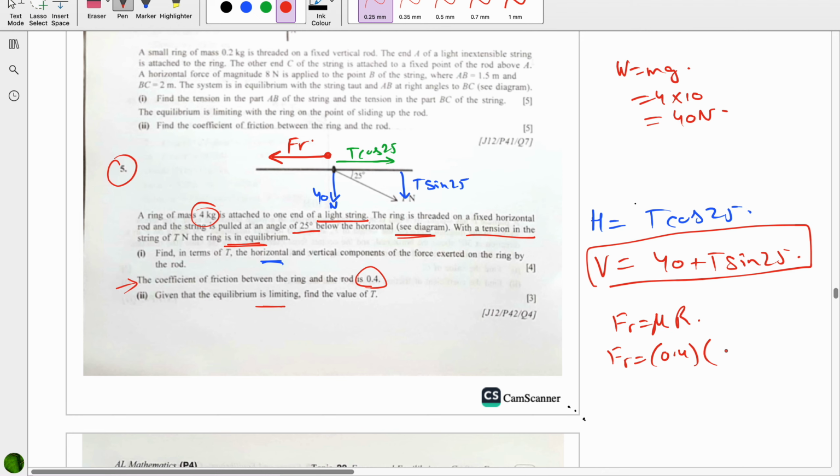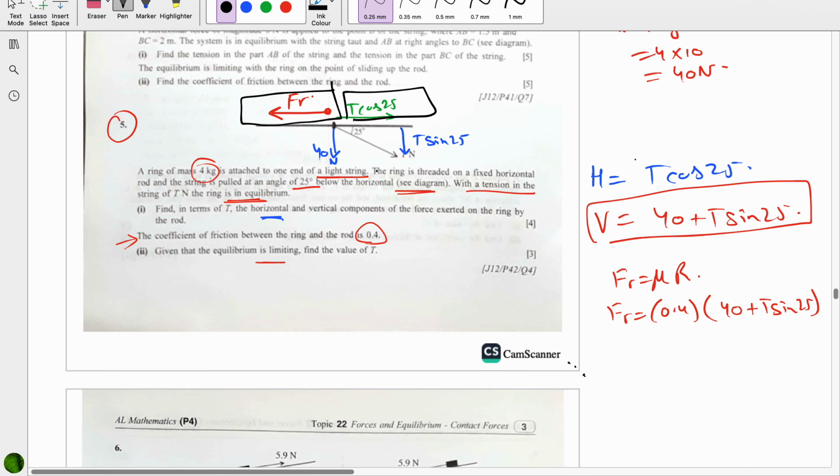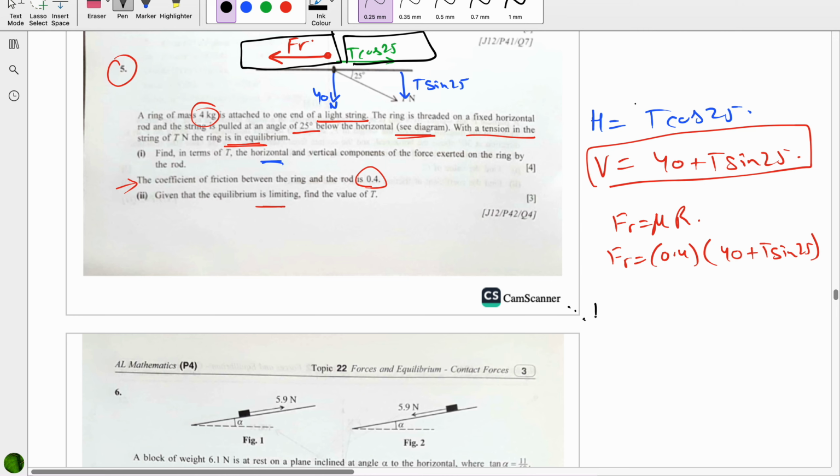Any confusion in this value? Okay, so this is the frictional component, and if we say that it is in limiting equilibrium, the forces on the left should equal the forces towards the right. So now we substitute friction with T cos 25, and on the other side we just simplify. 0.4 times 40 is 16 plus 0.4 T sin 25.